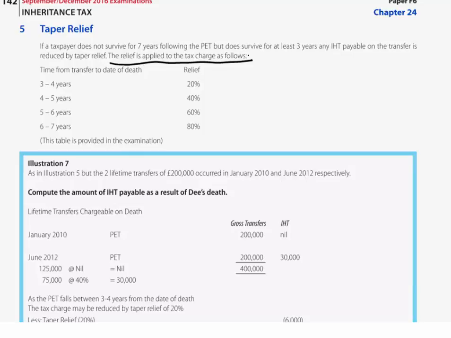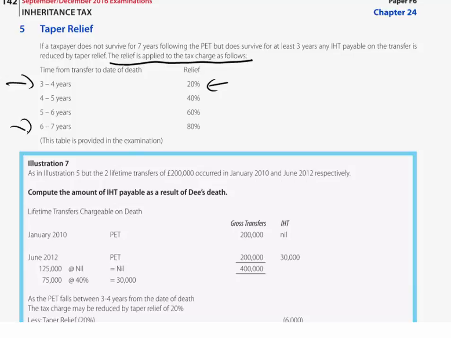As we said last time, the taper relief moves on a proportionate basis from its lowest level. If you manage to survive for between 3 and up to 4 years from the date of the transfer to the date of death, then the tax charge would be reduced by 20%.